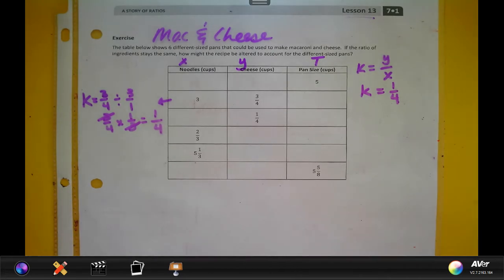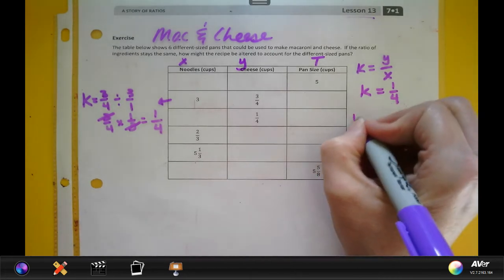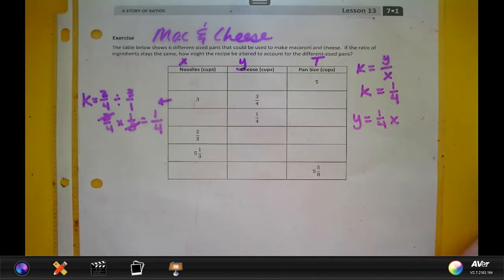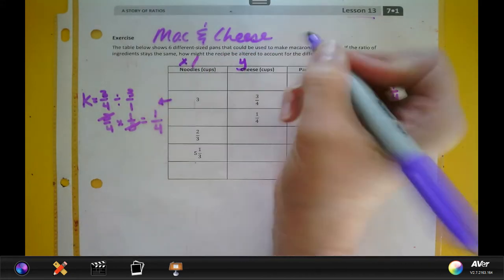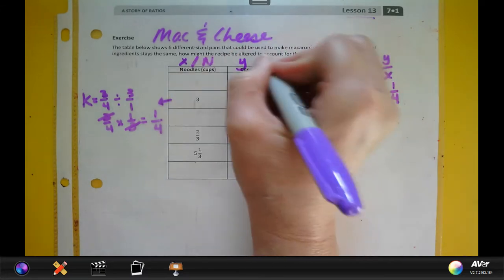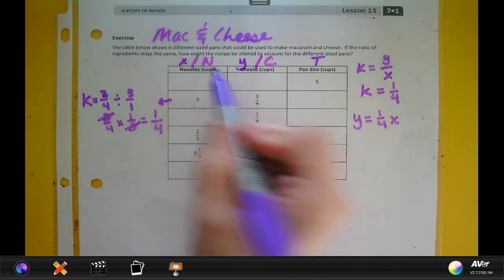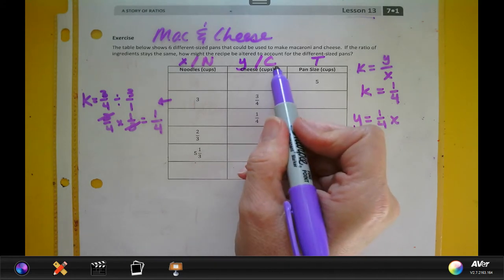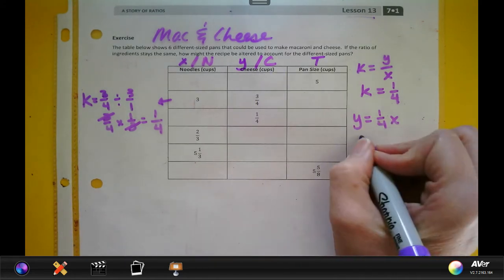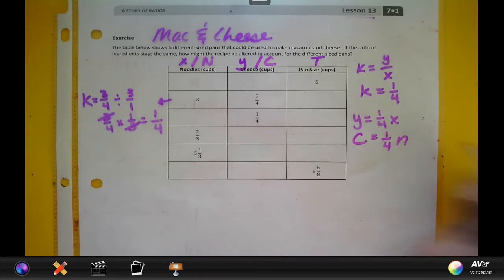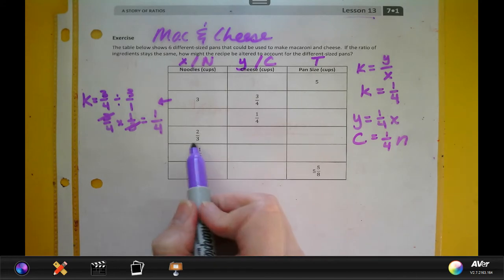Once I know that K equals 1/4, I can write my equation, Y equals 1/4 X. Or if I want to name these a little bit more clearly for this problem, I can make X N for noodles and Y C for cheese. So C equals 1/4 N. Now, that will help me solve this one right here.